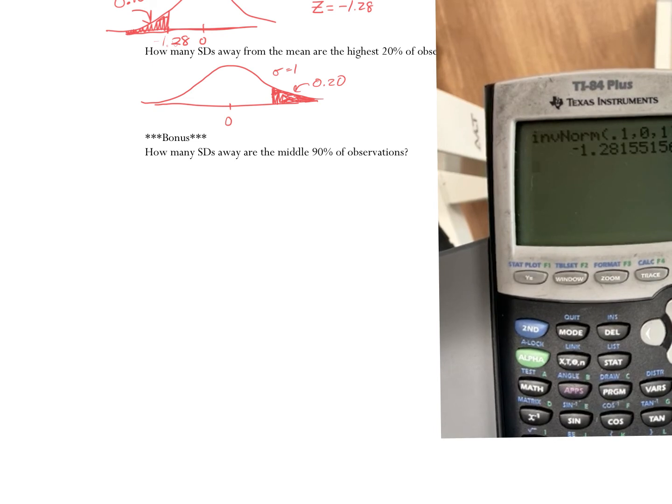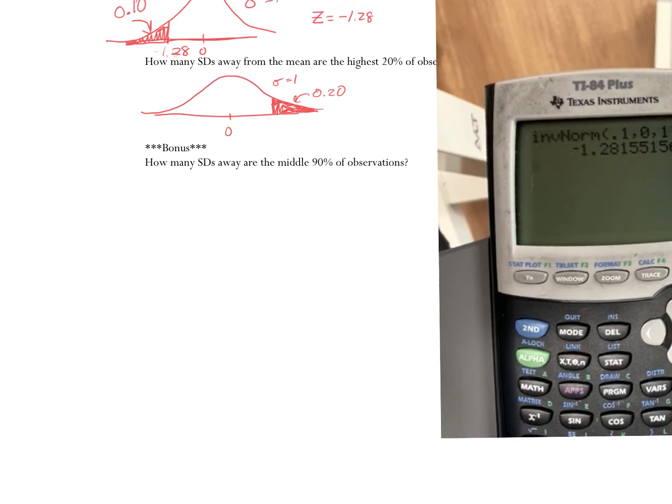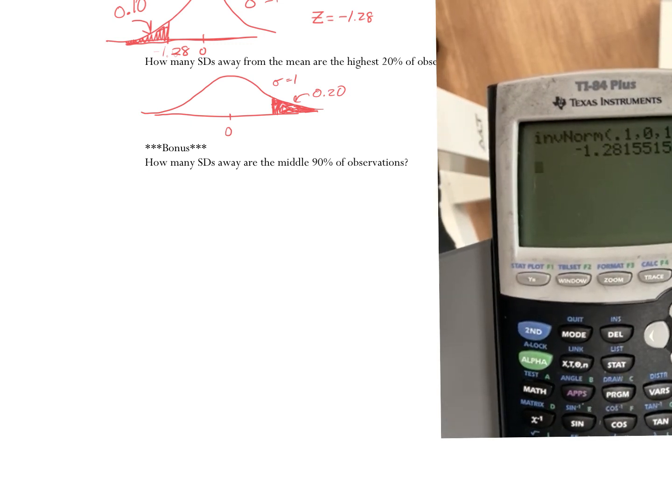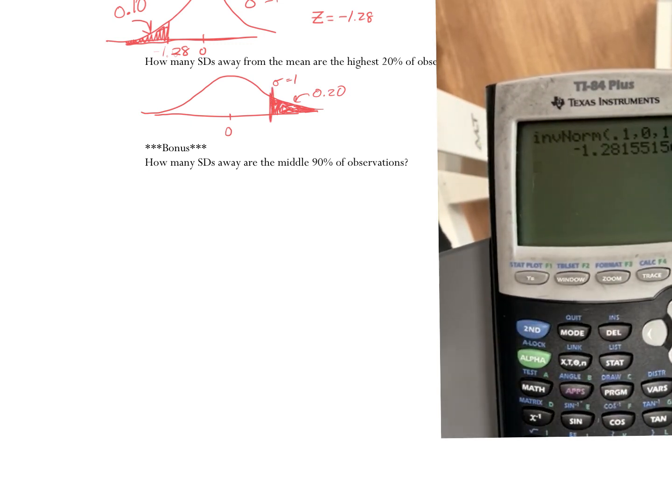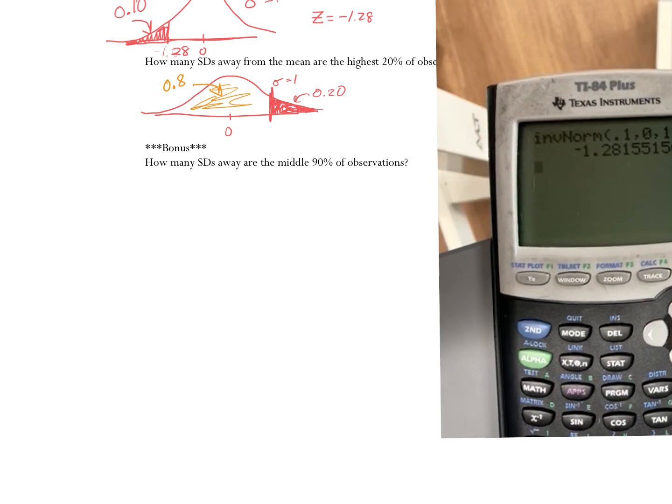Is everybody with me? So if this is 20%, this area is 20%. What does that make this area? 80%. Is everybody good with that idea? So what are you going to tell your calculator? You're going to tell your calculator the 0.8, not the 0.2.